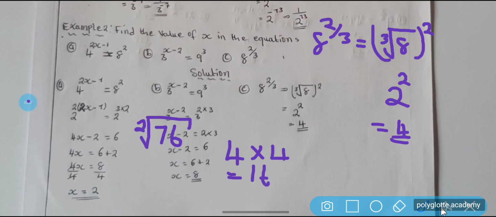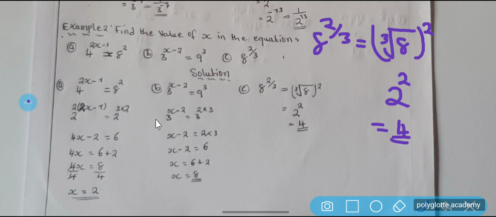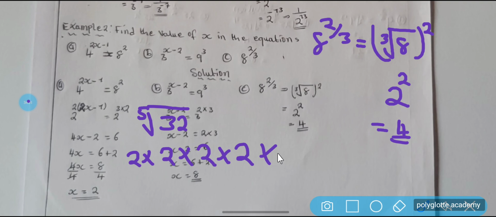So I will take another example. Now, if you have 32 and then I have here 5, the fifth root of 32. What is the fifth root of 32? Without stressing yourself, what number will you multiply 5 times that will give you 32? We have 2 times 2 times 2 times 2 times 2.